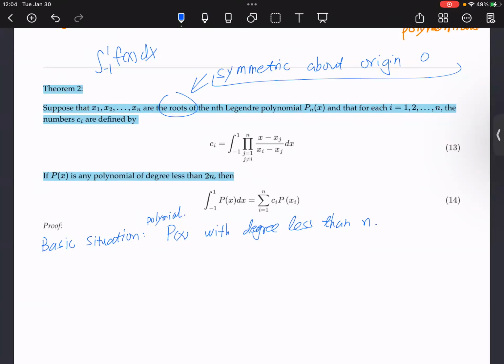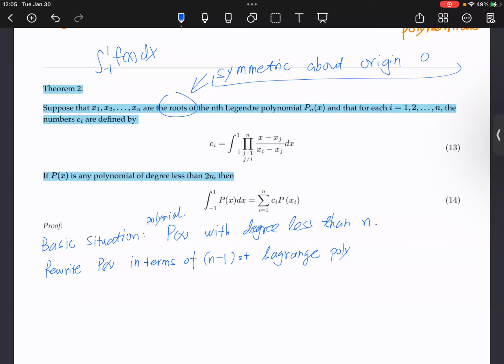And so let us rewrite p(x) in terms of the n minus 1 Lagrange polynomial.